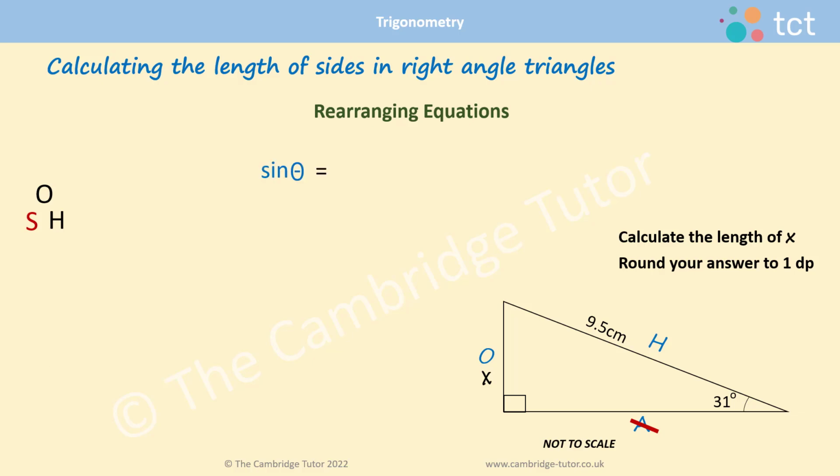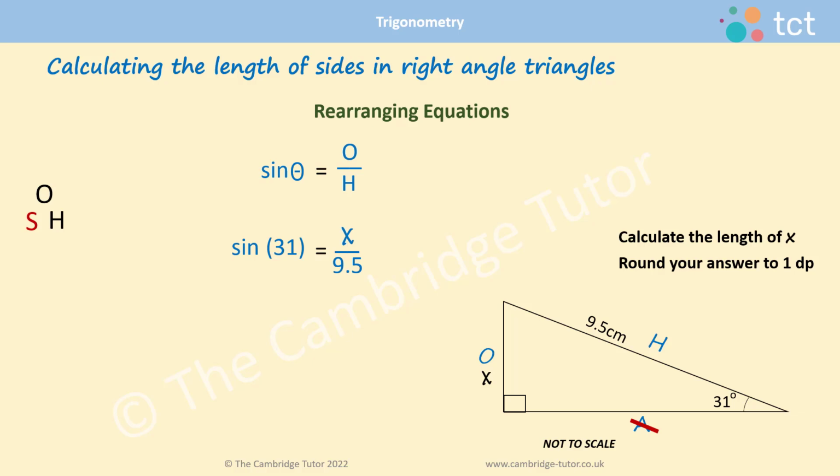This time, we're looking at the sin key, the sine of theta, the sine of the angle. And that is equal to opposite divided by hypotenuse. Substitute in the values. The sine of the angle, sin of 31, equals x, the opposite, divided by 9.5, the hypotenuse.